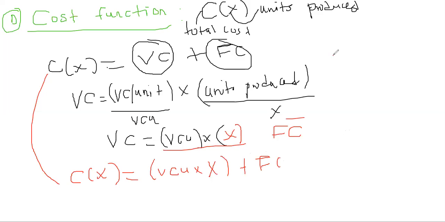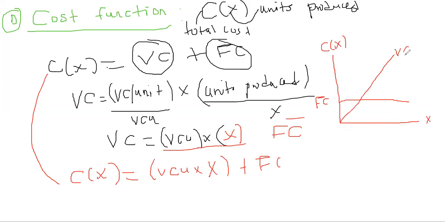Let's look at a good example. Graphically, this is how it will look. X is the units produced, then the total cost we have here. Because fixed cost is fixed, let's assume it's here. And variable cost we only incur when we produce, so it has to start from here. Let's take a practical example of a total cost.